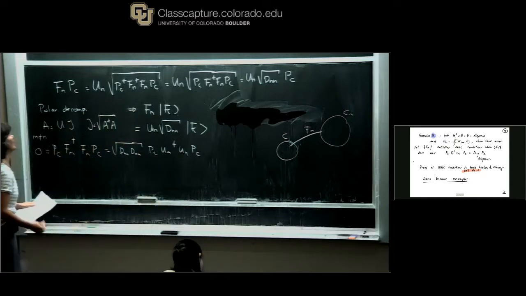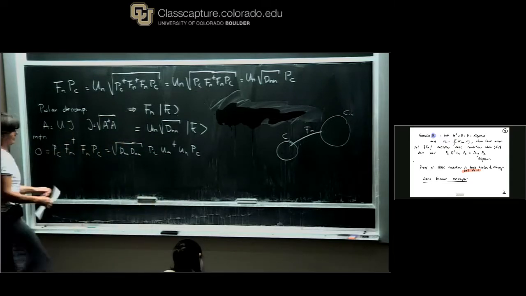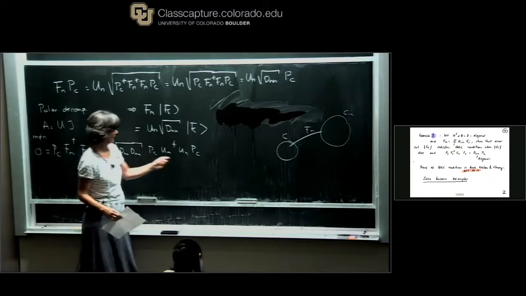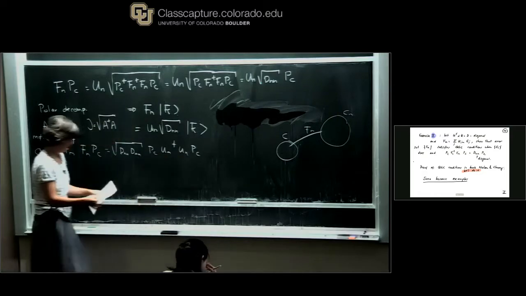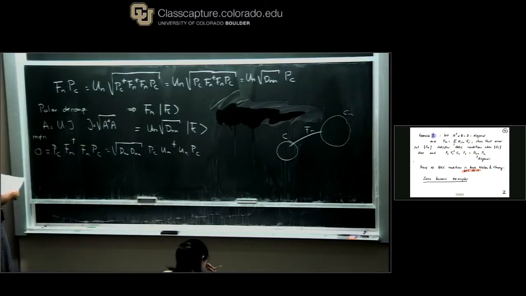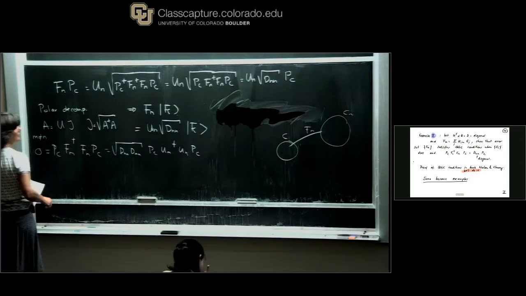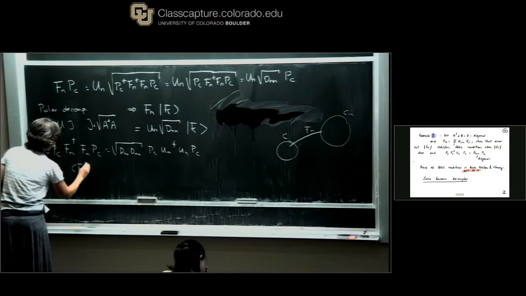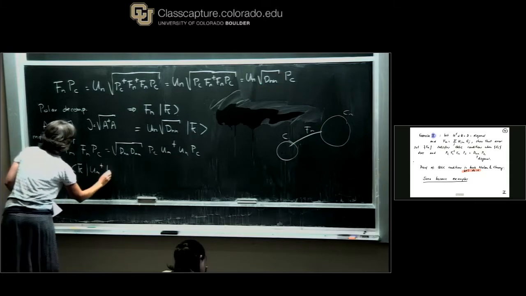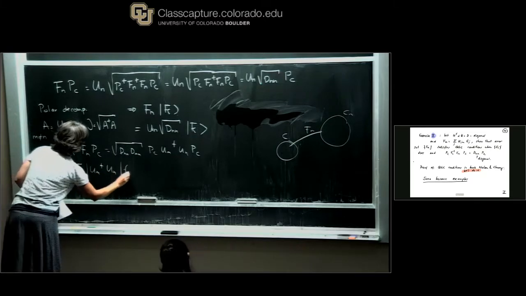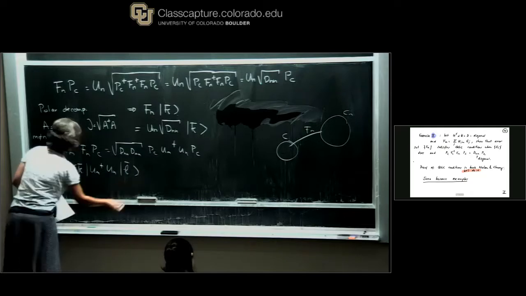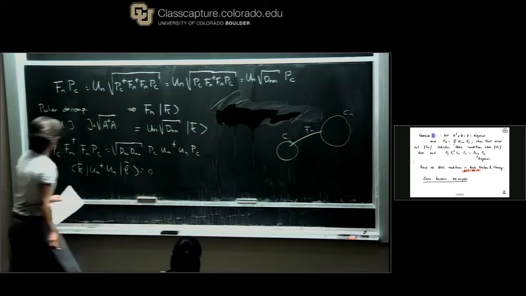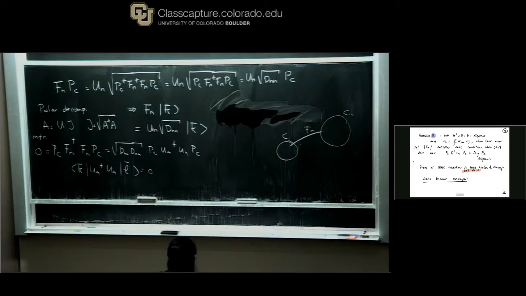Okay, again, I can come from the left with some ket and from the right with some bra. And so what this means is that bra k Um† Un ket l is 0. Right? For any k and l.